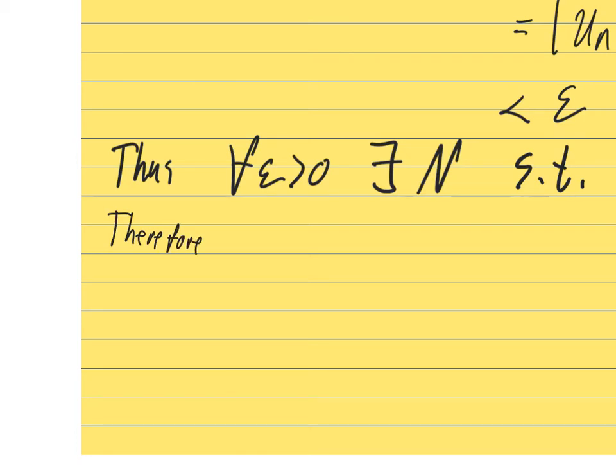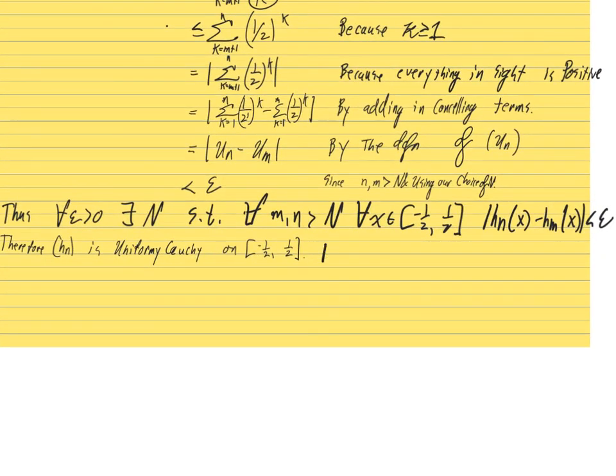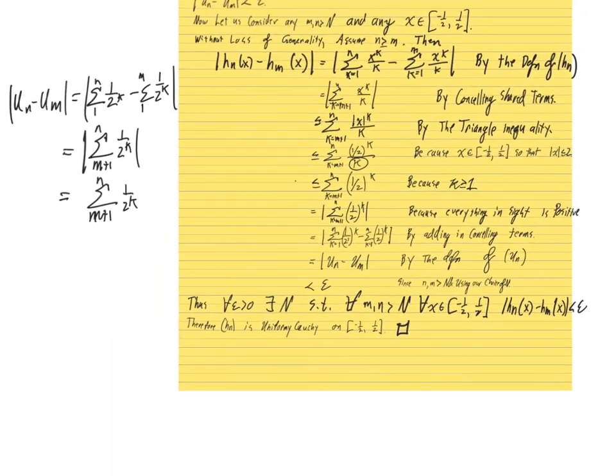Therefore, h sub n is uniformly Cauchy on negative 1/2 to 1/2. And I'll include my little Halmos box that ends the proof.